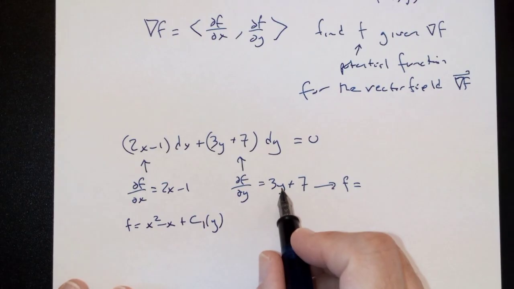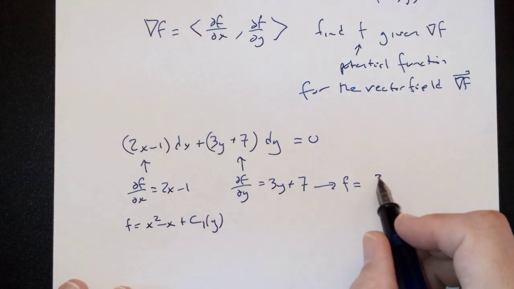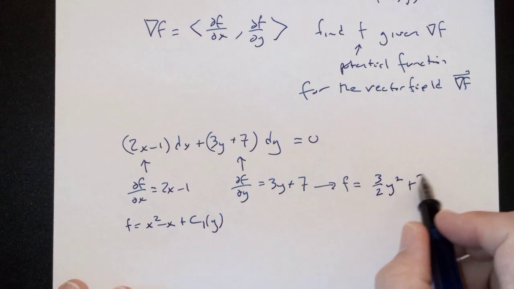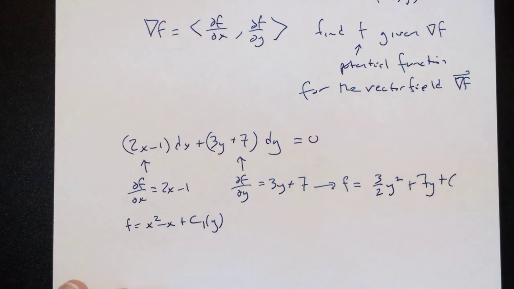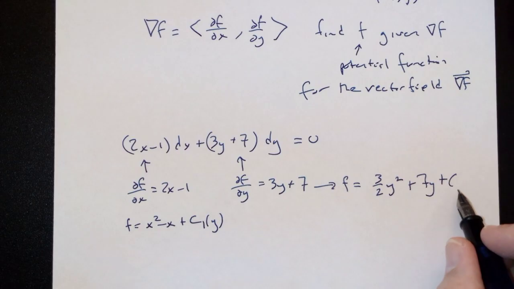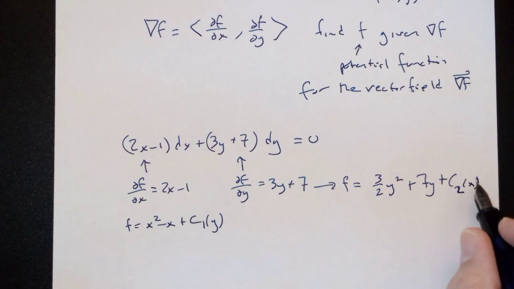So, 3/2 y squared plus 7y. But again, there could be a constant here, right? But this constant is only constant in terms of y, which means it might have x's in it. I want to call it C2 of x.